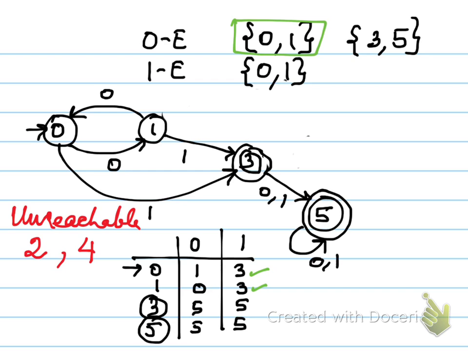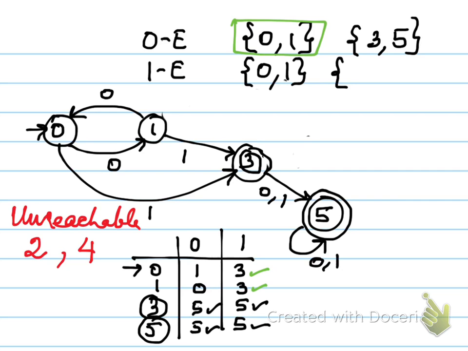Next, let us look at the next set, that is 3 and 5. 3 on 0 goes to 5, and 5 on 0 also goes to 5. So it goes to the same state, no problem. And 3 on 1 goes to 5, and 5 on 1 also goes to 5.